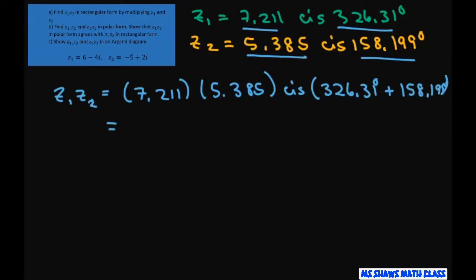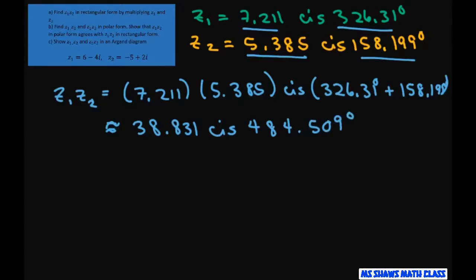So this equals, approximately, 38.831 cis of 484.509.